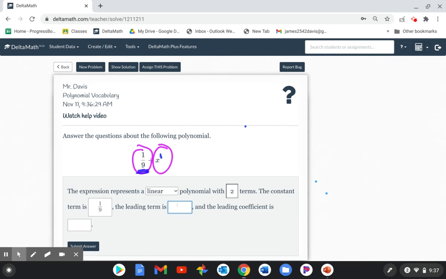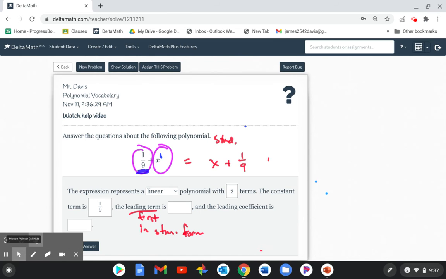The leading term, okay, so we haven't actually talked about this word yet, but the leading term goes along with the leading coefficient, and that is if we were to write this thing in standard form, which would be x plus 1/9. The leading term is the first term in standard form. In other words, the highest degree to lowest degree.